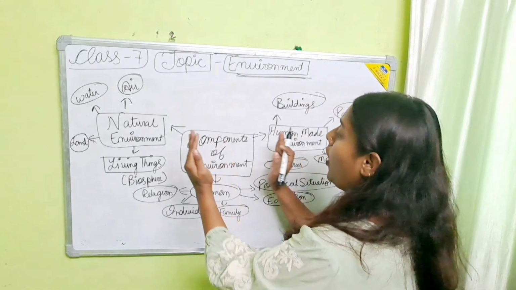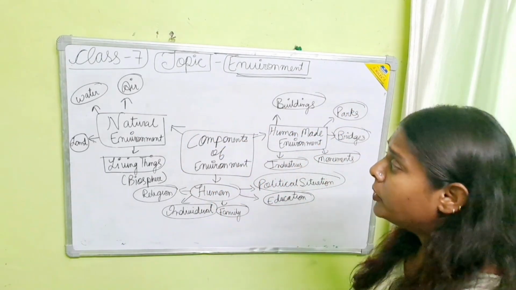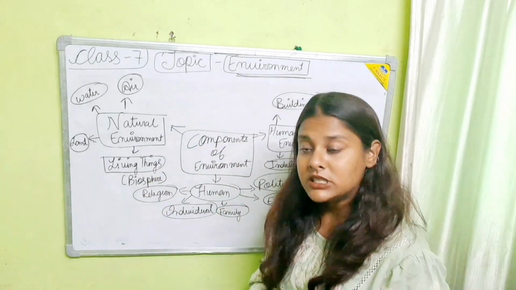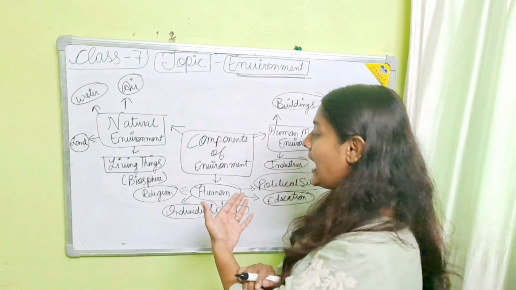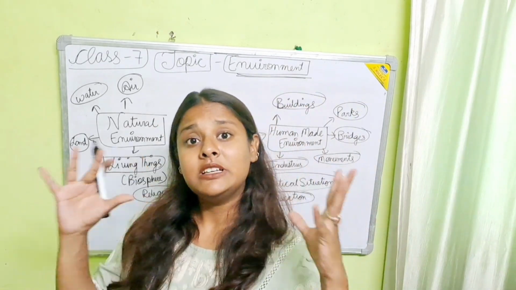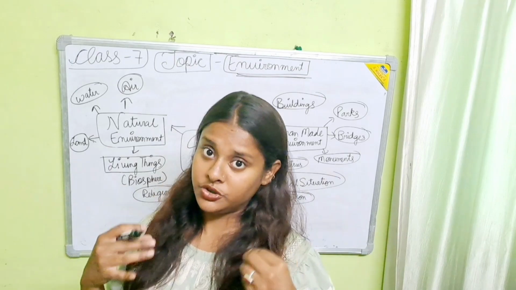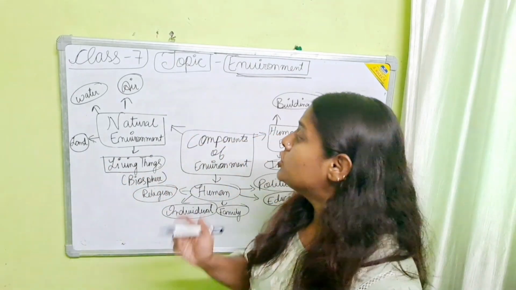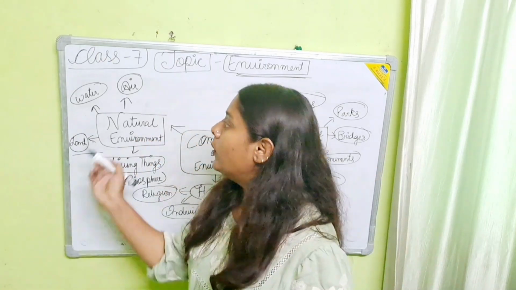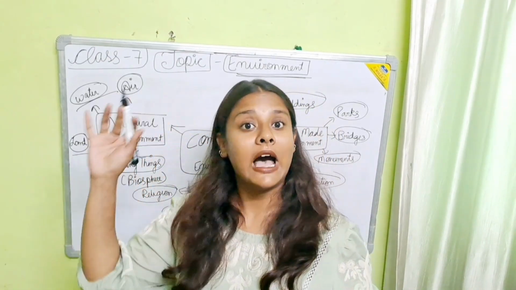Now, components of environment. Components of environment are of 3 types: natural environment, human-made environment and human. When we talk about natural environment, it is the air we breathe, the water we drink and the land on which we live. Land is known as lithosphere. Water is referred to as hydrosphere.